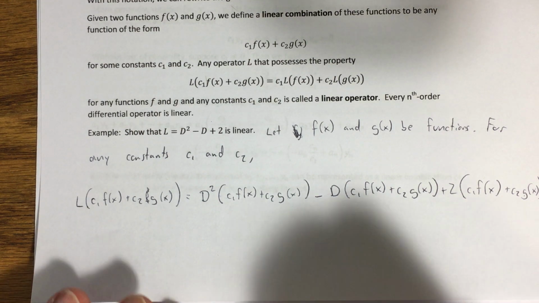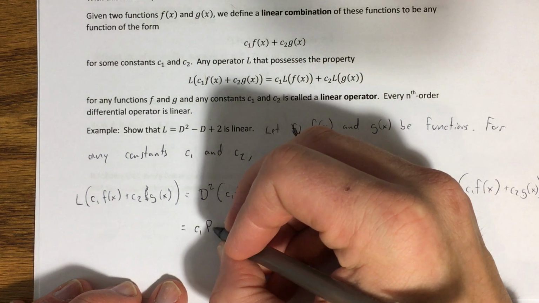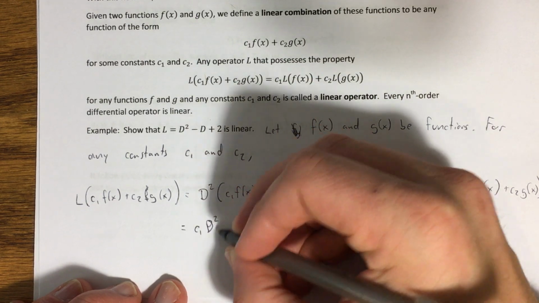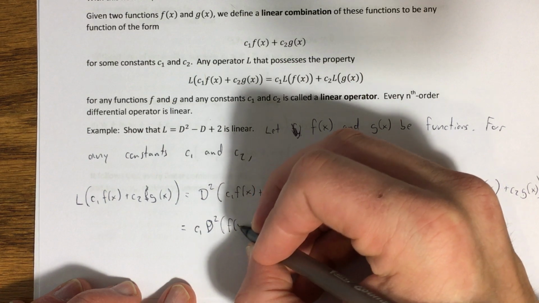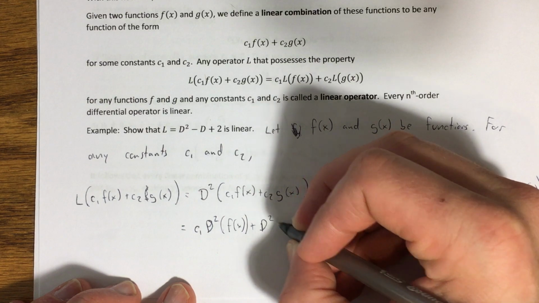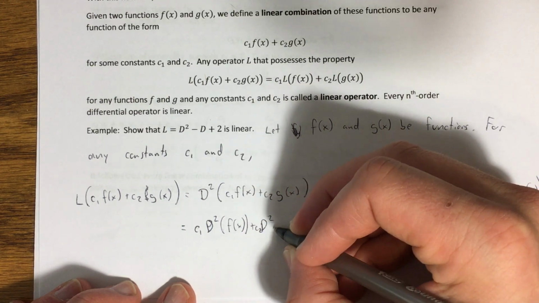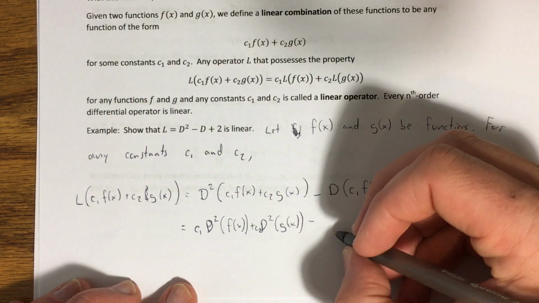So what that allows me to do is say this. This is c1, that's a d squared, of f of x plus d squared, c2 comes out there, of g of x. Sorry, this is super sloppy.